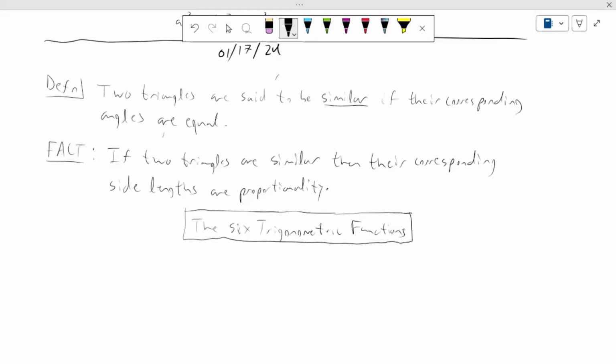Okay. So the setup here, right? We know we're talking about right triangles. So we're going to define these inside of a right triangle. So let's let theta be one of the non-right angles in a right triangle.